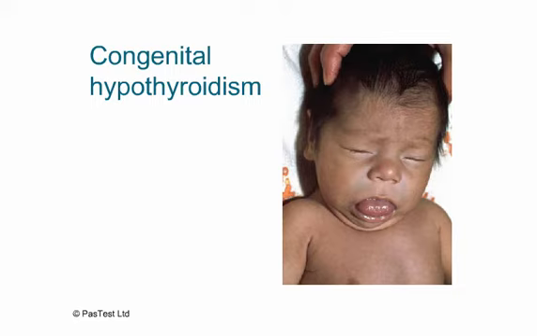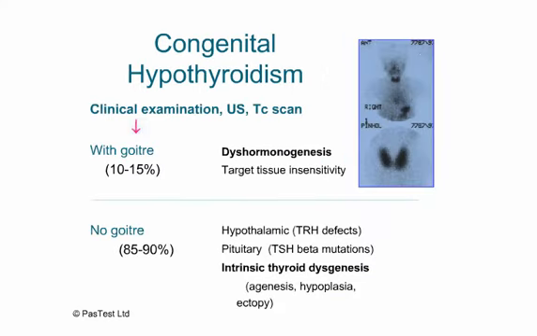Most children with congenital hypothyroidism are detected on the neonatal Guthrie screening card and should not have the sequelae of poor treatment or no treatment. You can classify congenital hypothyroidism in those with goiter, which is dysharmonogenesis, or those without a goiter.